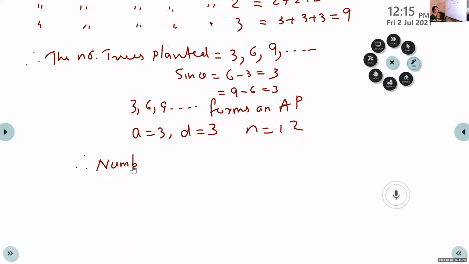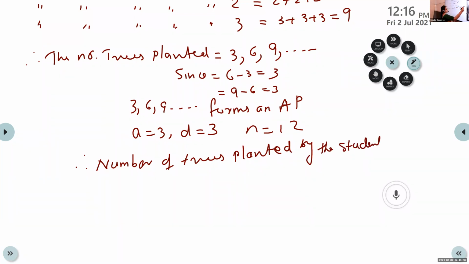Length of the question is more, but the answer is simple. Number of trees planted by the students is Sn.